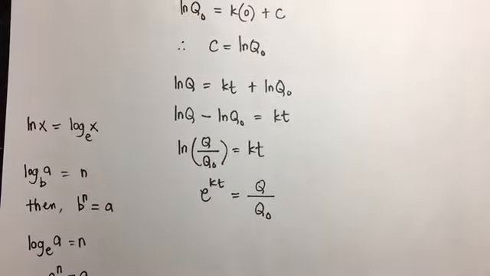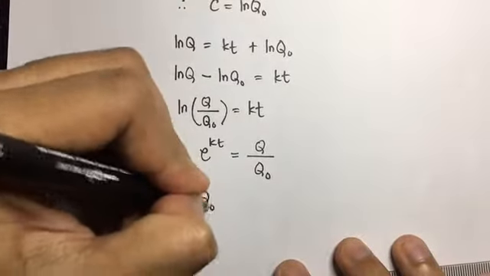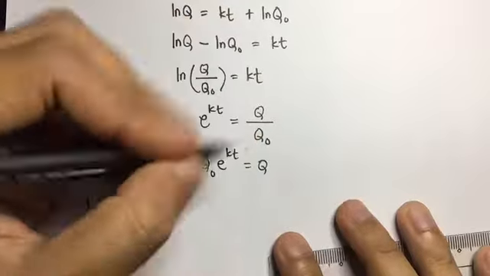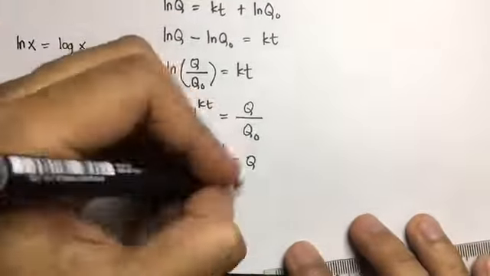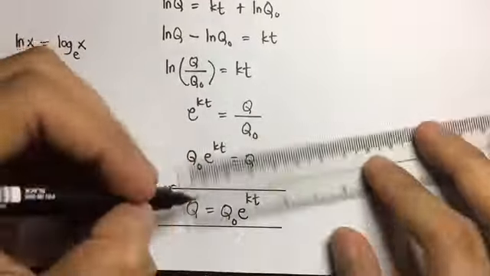Or, if we transpose Q0 to the other side, then Q0 e raised to kt is equal to Q, or we'll have Q is equal to Q0 e raised to kt. So this is the simplest form of the solution.